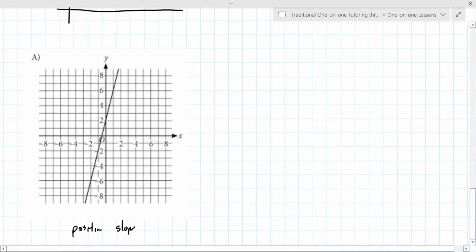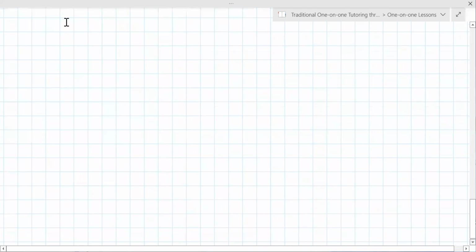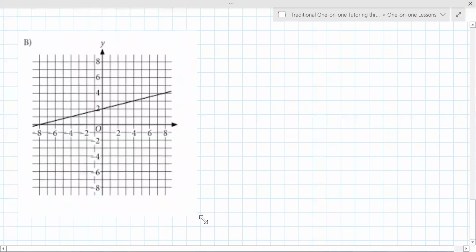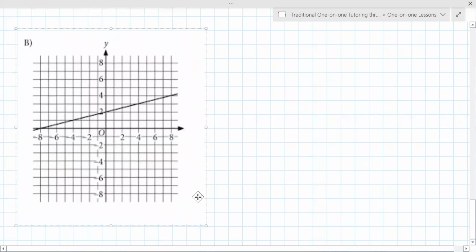Okay, let's look at another one. All right, does this have a positive slope or a negative slope? That is another positive slope.